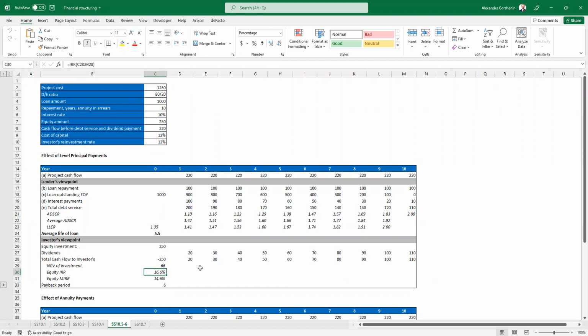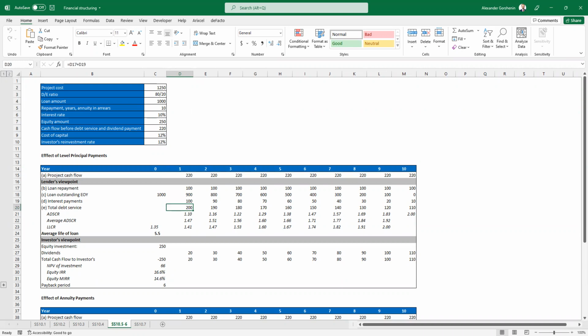An immediate and obvious problem with the level principal payment structure is that the annual debt service in year 1, 200, is almost double that of year 10, 110. So you have the level repayment of the loan, and in the first year, the highest interest payment, so the highest total debt service here.